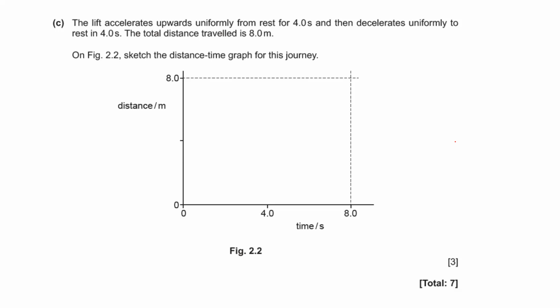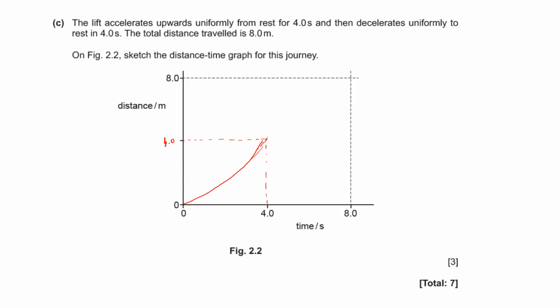Remember, in a distance-time graph, for the first 4 seconds the lift accelerates upward uniformly. So it's a uniform acceleration, and it is something like this. It is a curve that accelerates uniformly, and say this is the time. So this is say 4 meters, so we can go up to this point.